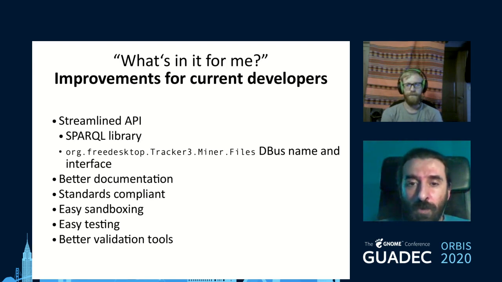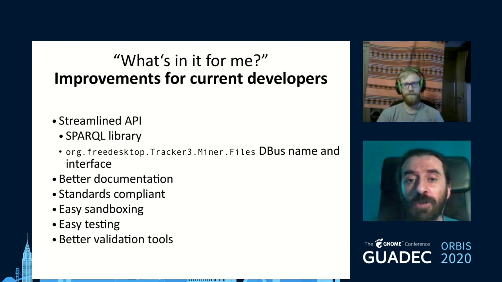We have a more constrained vision of what things are, so we can document things a lot better now. It's standards compliant, so every SPARQL trick you might see on the internet will work on Tracker. So that's a nice improvement.